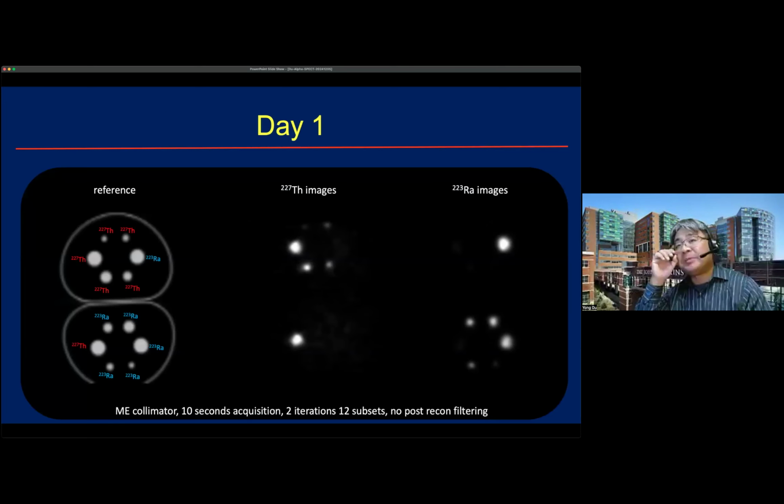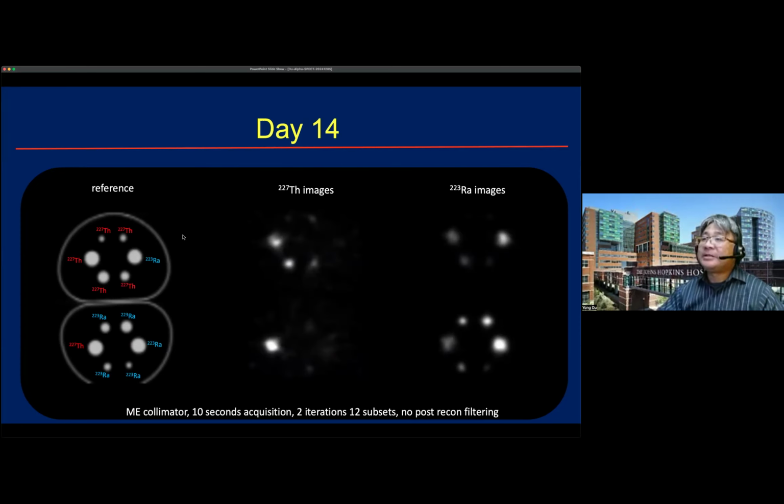And this shows you the image on day one, right after we filled the phantom, because we have pure thorium and pure radium. If you remember, thorium decays into radium, but on day one we have a pure thorium and a pure radium. We can see the spheres filled with the thorium activity only show up in the thorium image, and the spheres filled with radium activity show up only in the radium image.